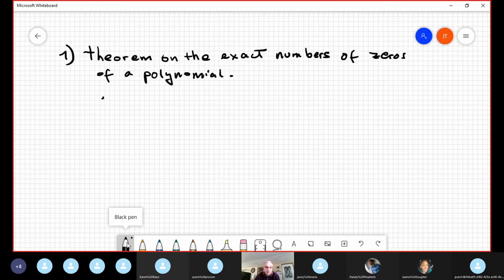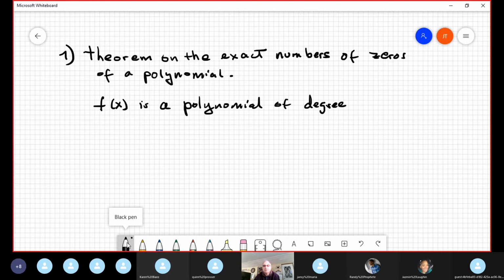What is the idea? Suppose f of x is a polynomial of degree, I want to always call it n, degree equal n. n is a number que en general, suppose que es a whole number greater than 0.